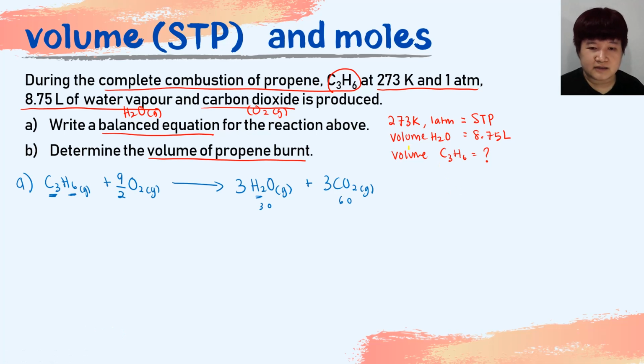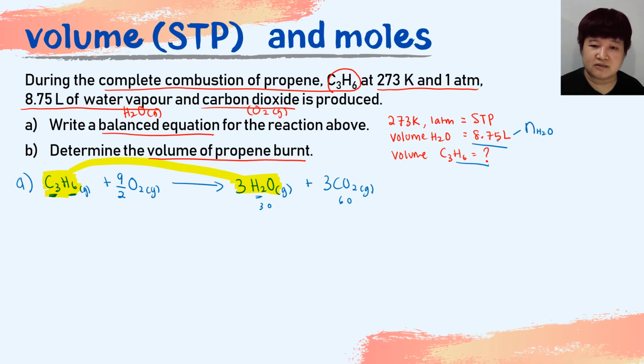And the question is asking for the volume of C3H6, but the question gives you water. And that is the relationship of this question. As we all know, the ratio of the stoichiometry must be done in number of mole. So we need to change this to number of mole of H2O.